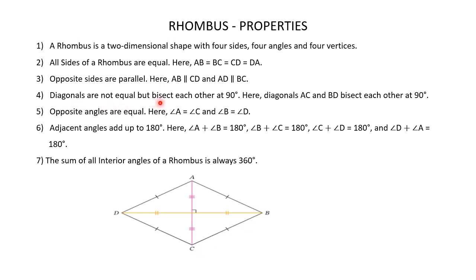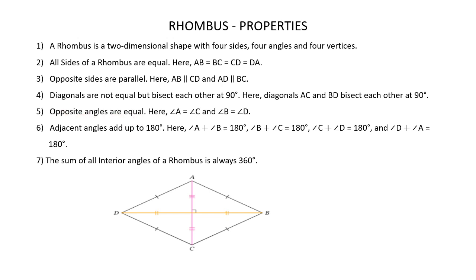Diagonals are not equal but bisect each other at 90 degrees. As you can see here, the diagonal AC is not equal to the diagonal DB, but both these diagonals bisect each other at 90 degrees. That is, AC and BD bisect each other at 90 degrees. So each of these angles is 90 degrees.